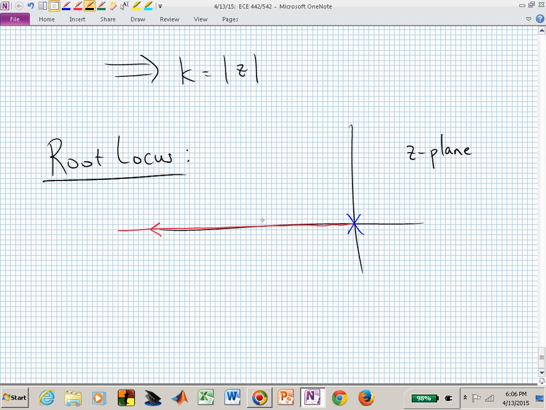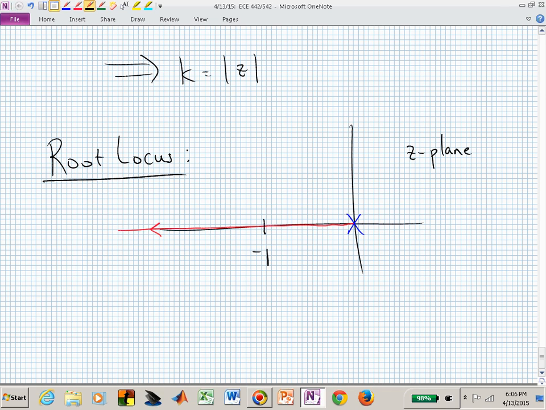For stability, we need that red line to stay inside the unit circle. That red line tells us where all the potential closed loop poles are, and some of those we don't want. We don't want to crank up the gain so much that we drive our closed loop pole outside the unit circle.